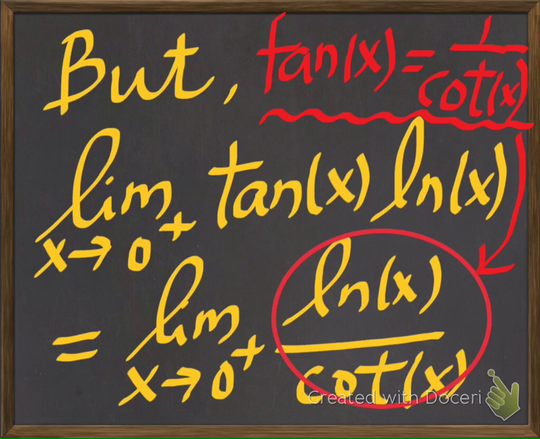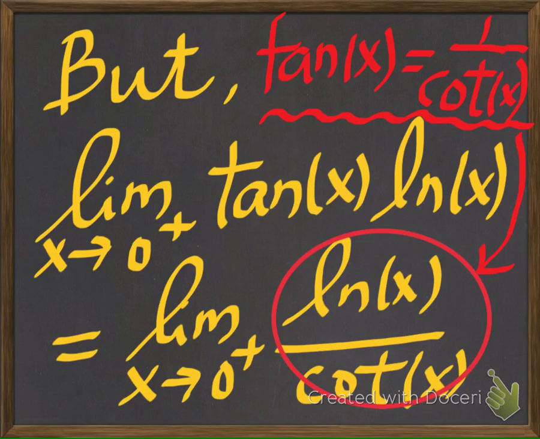With this, bear in mind that tangent x equals 1 over cotangent x, so the limit of tangent x ln x can be written as ln x as the numerator divided by cotangent x as the denominator. This reminds us of what we studied in MAT 132, L'Hopital's rule.